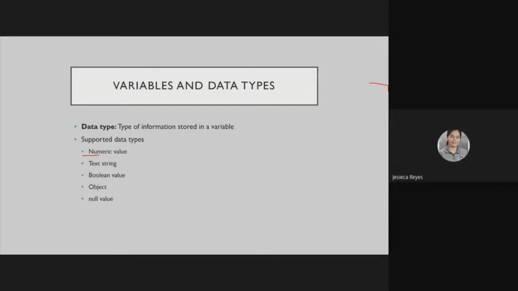Numeric value, you can have also the integer, where you don't have the decimal parts of the number. You can have also the number with the decimal parts, the exponential form, the text string, the Boolean value for true or false values.